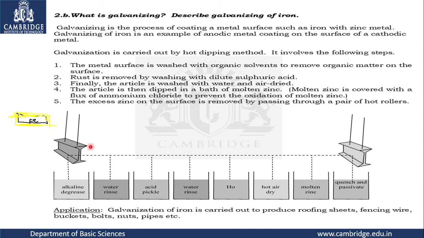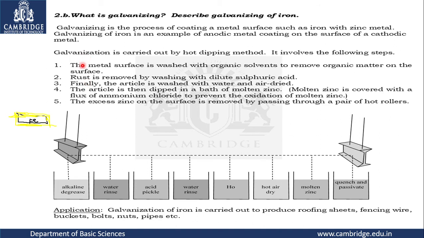To do that, what is the process needed? The first step: this object might have some organic impurities such as grease or oil, so it should be treated with an organic solvent. After cleaning with the organic solvent, it should be washed with water. Later, it should be cleaned with the alkali, sodium hydroxide.